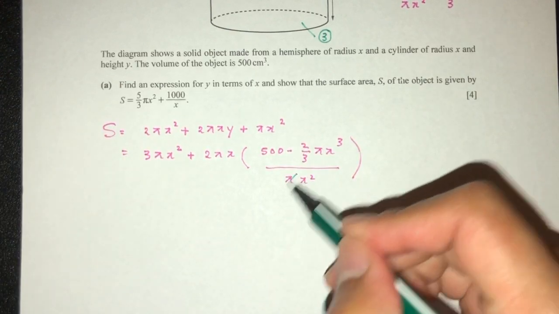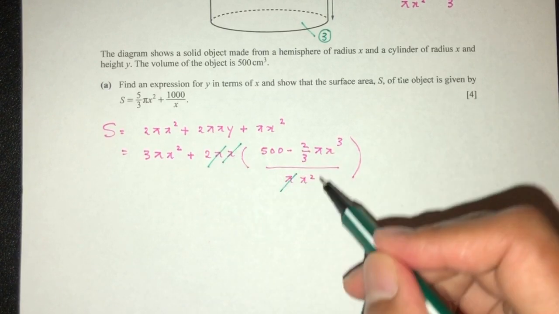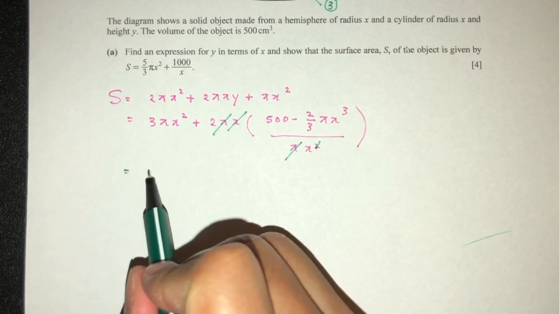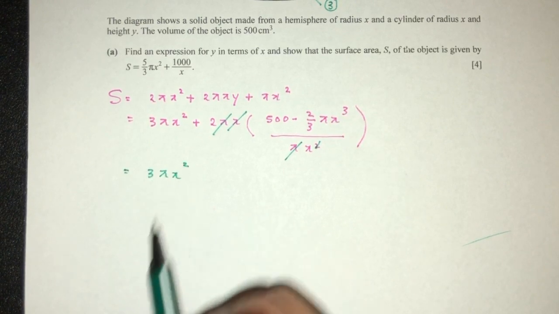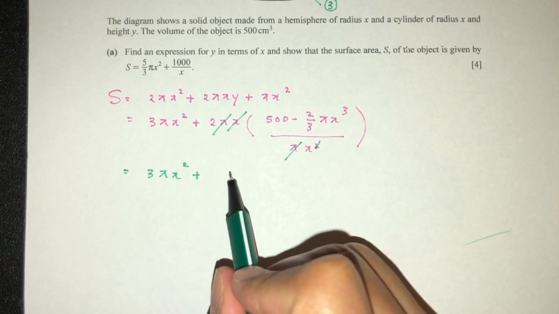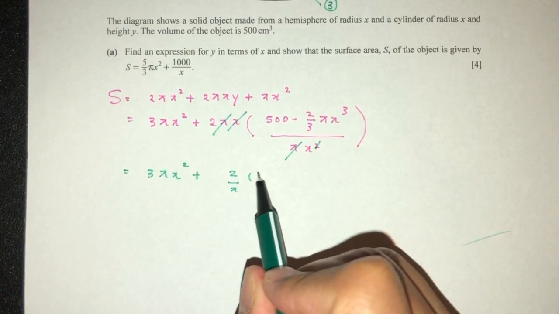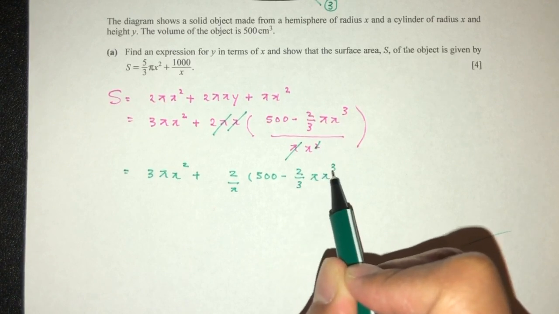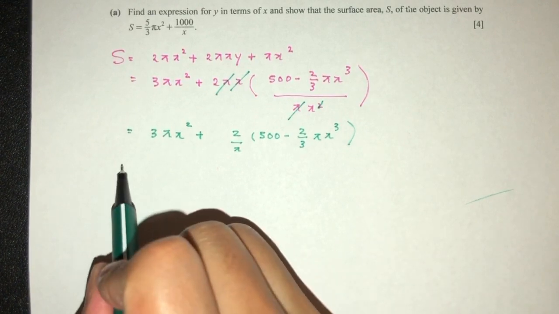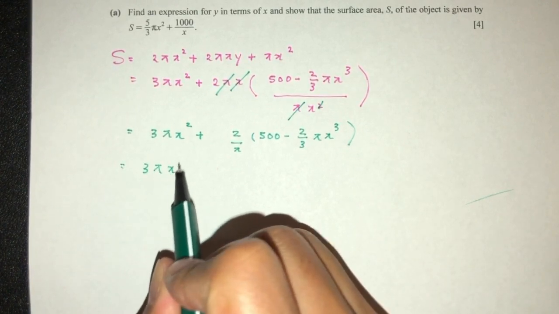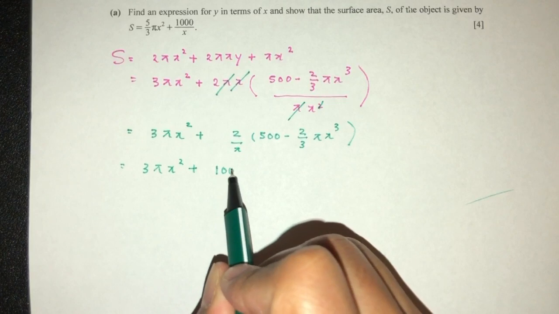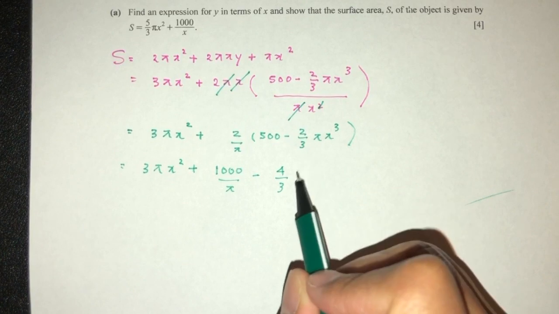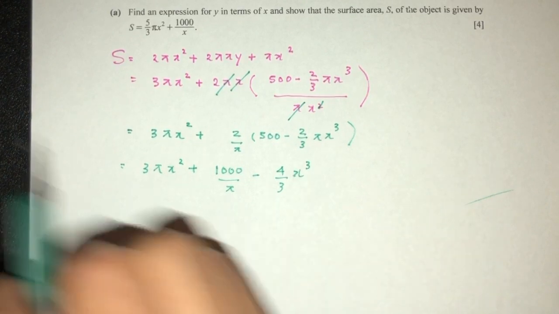Simplify. This and this will cancel out, and this will cancel out. So you have something like this, and that will give you 3 pi x squared plus 2 over x, times 500 minus 2 over 3 pi x cubed. That will be 3 pi x squared plus 1000 over x, and then minus 4 over 3 pi x squared.